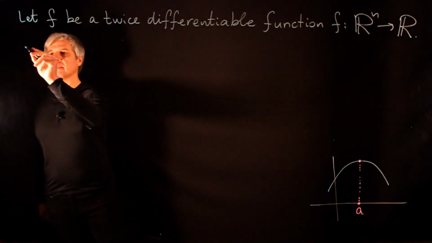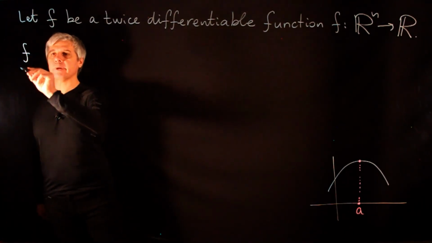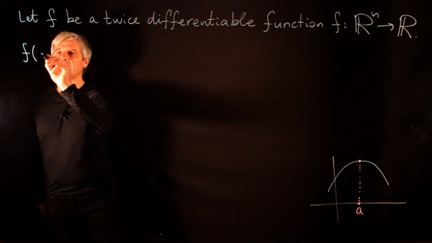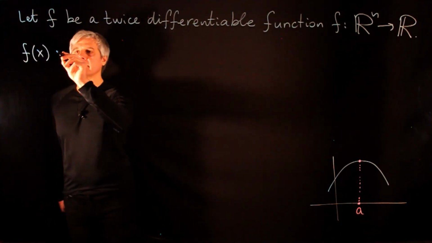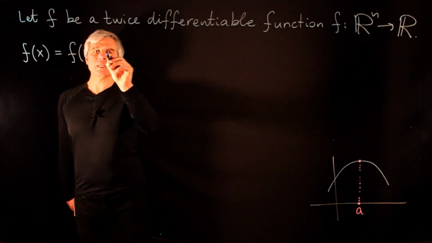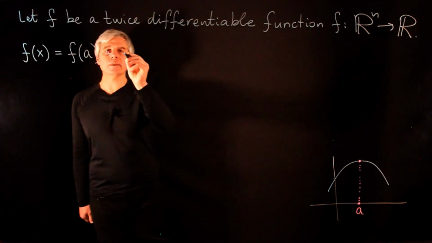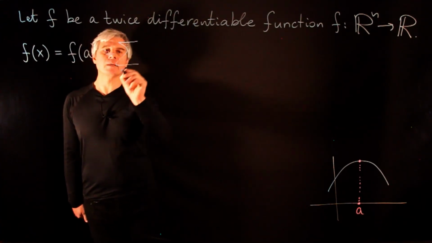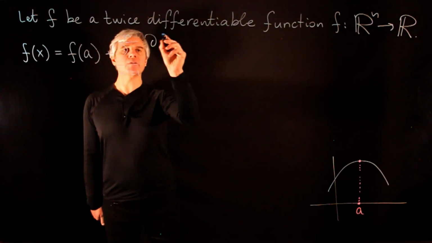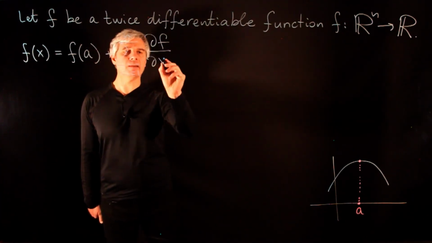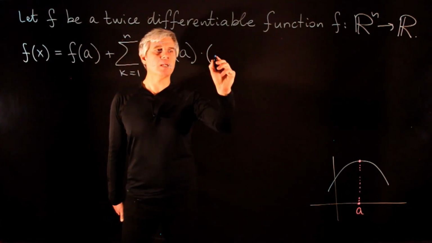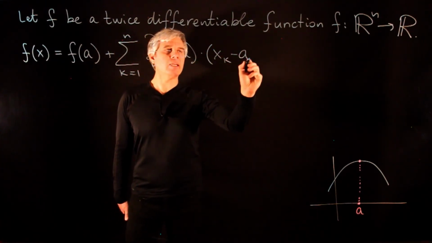So this means that we have the following Taylor expansion, that near the point x equals a, we can write f of x is equal to f of a plus the linear part, so we have the sum k goes from 1 to n, the partial derivative df dxk evaluated at a times xk minus ak, right?